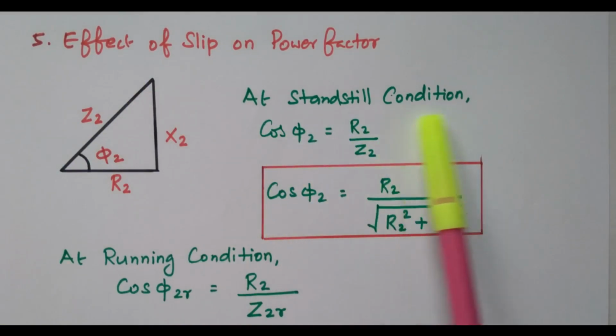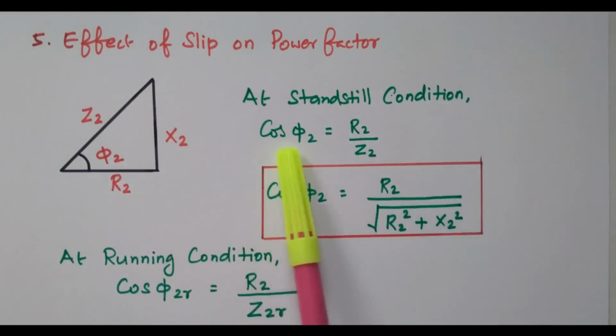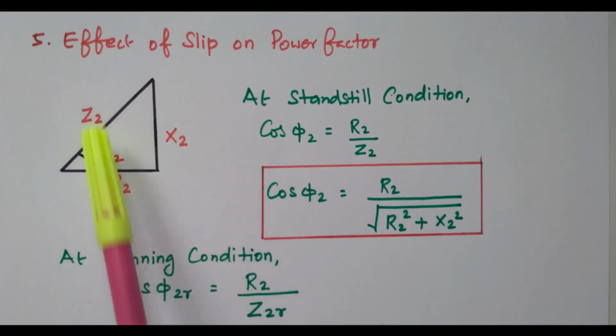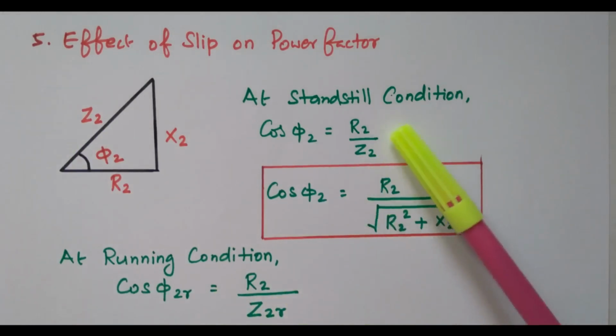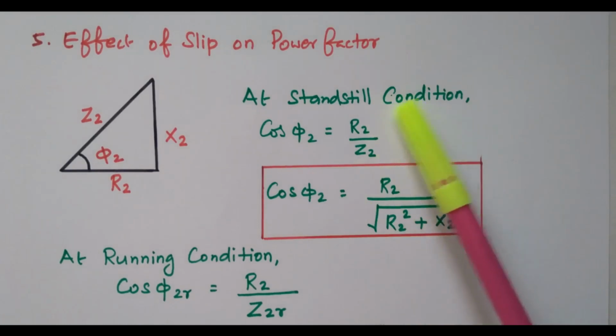At the standstill condition, cos phi 2 is nothing but the power factor. Here this is the opposite side, this is the adjacent side, and this is the hypotenuse. Cos means adjacent side by hypotenuse, so R2 divided by Z2, which is R2 divided by the square root of R2 square plus X2 square, the general formula under the standstill condition.